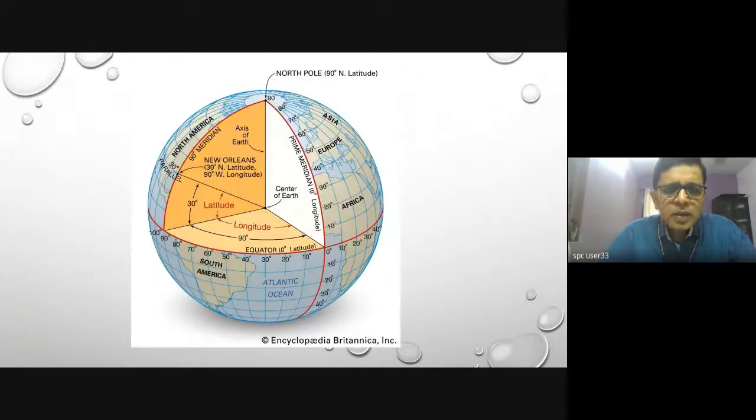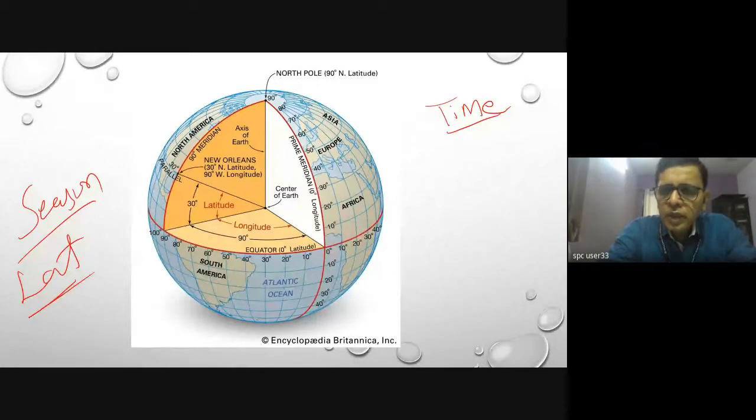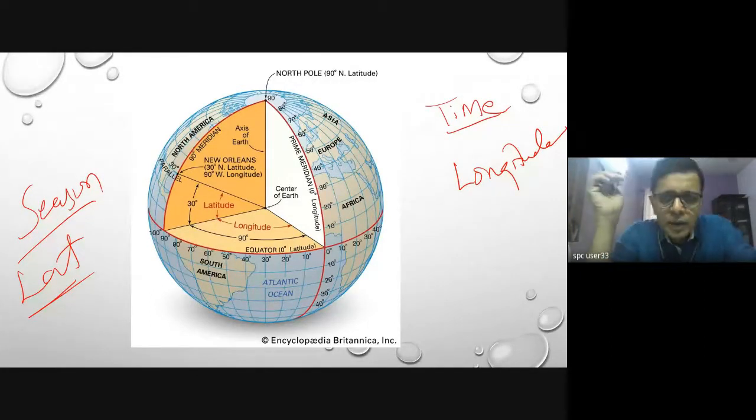And then this is one diagram that I was explaining to you with regards to time and seasons. For seasons we need to understand latitudes, and for time we need to understand longitudes. Of course, one of the basic advantages of latitudes and longitudes is location.